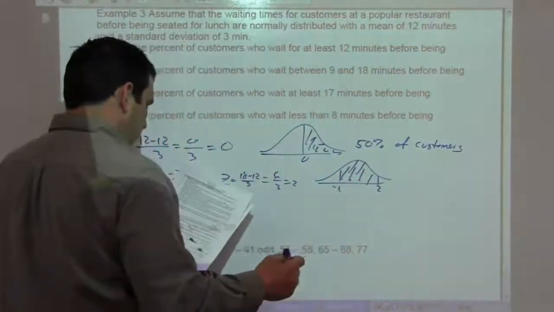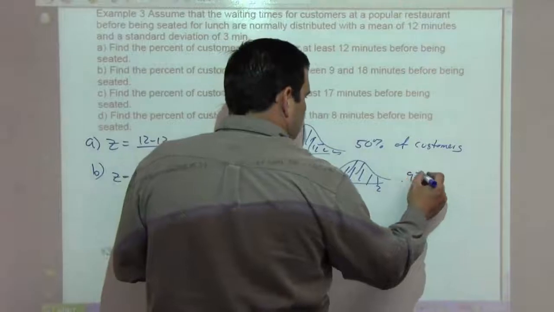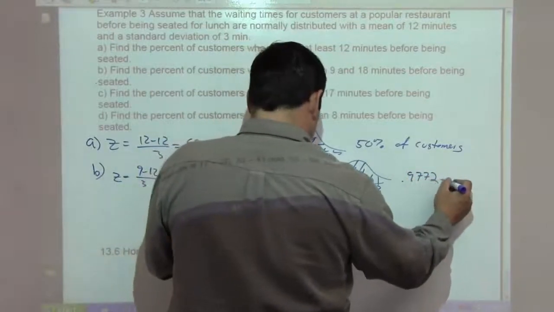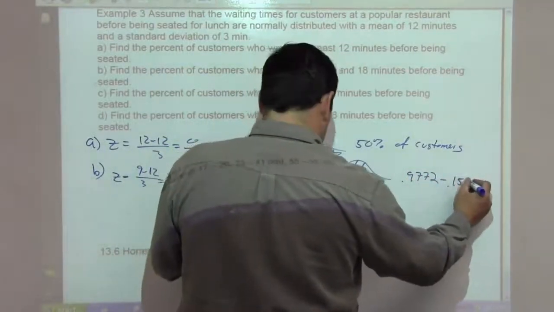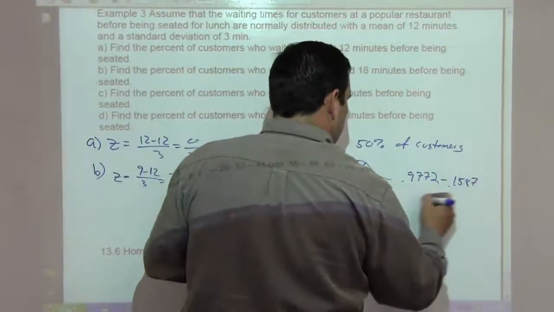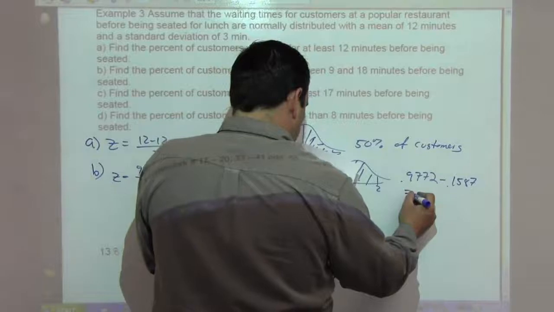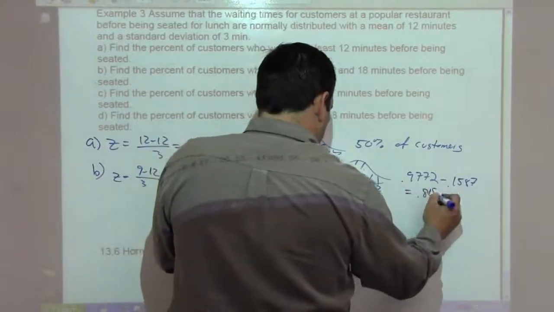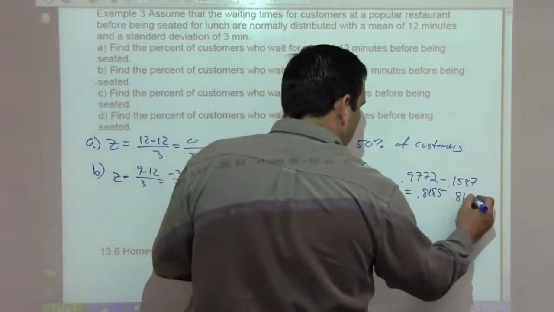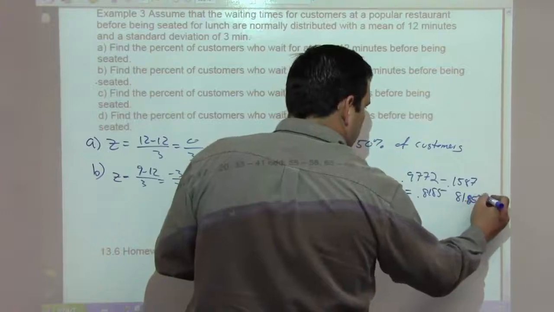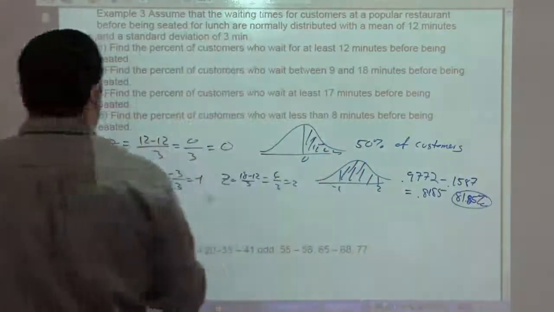So looking at the values up on the table, 0.9772 minus 0.1587. So from the 2 on down versus negative 1 on down, and we have 0.8185 or 81.85%.